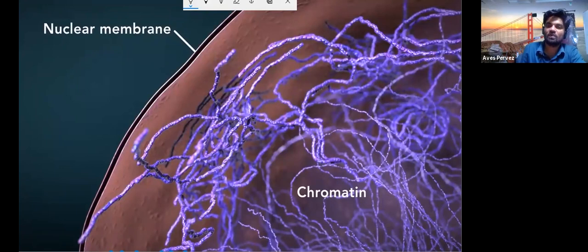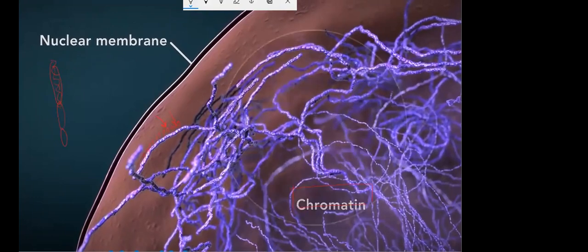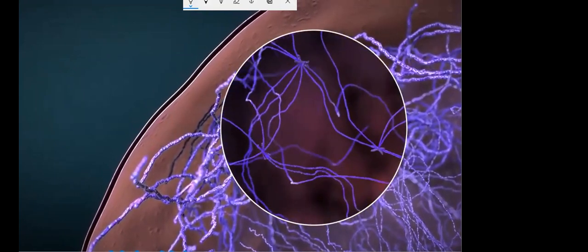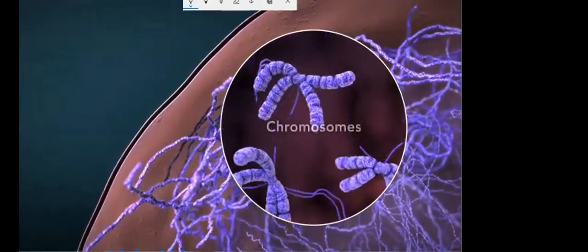When a cell is ready to divide, DNA condenses into structures known as chromosomes.